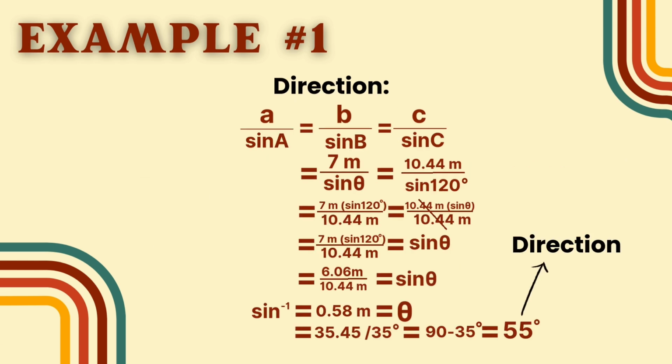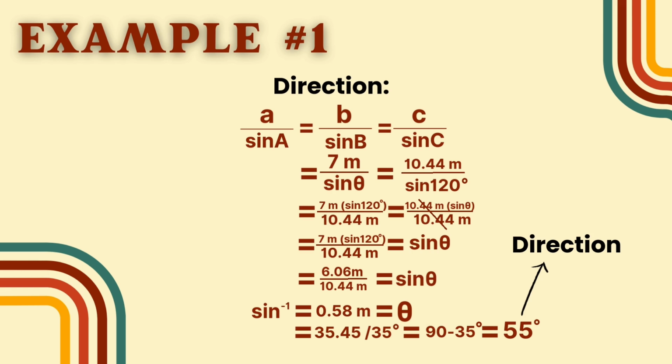For our direction, 7 meter over sin theta is equal to 10.44 meter over sin 120 degrees. 7 meter times sin 120 degrees over 10.44 meter is equal to 10.44 meter times sin theta over 10.44 meter, and then you will cancel, and then 7 meter times sin 120 degrees over 10.44 meter is equal to sin theta, which is 0.58.